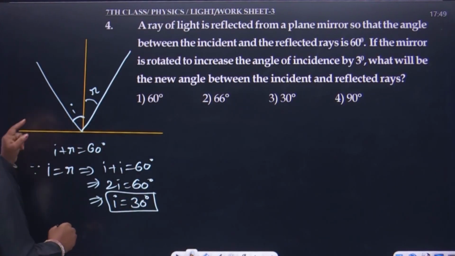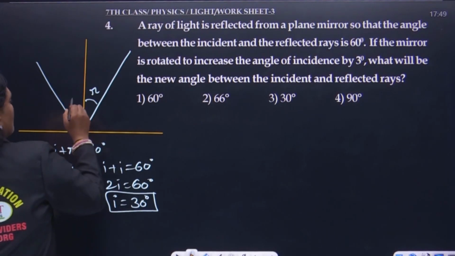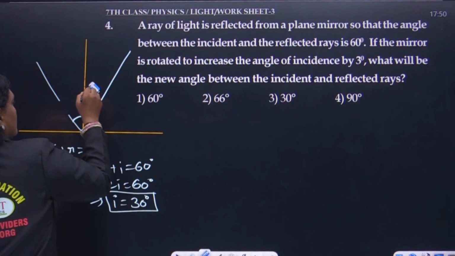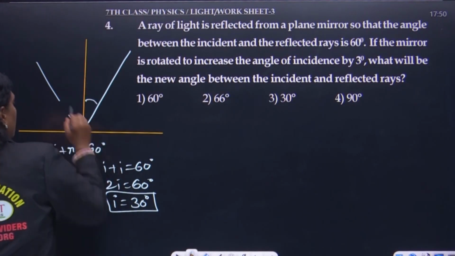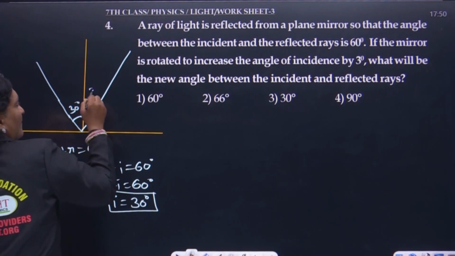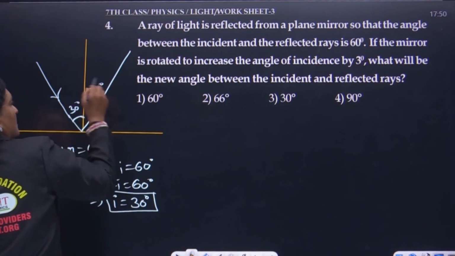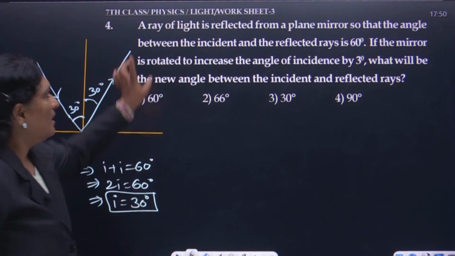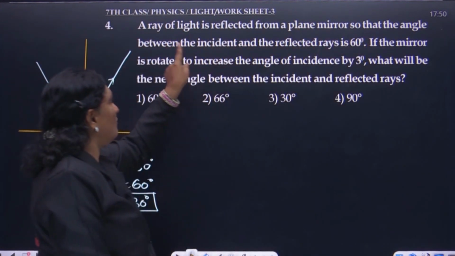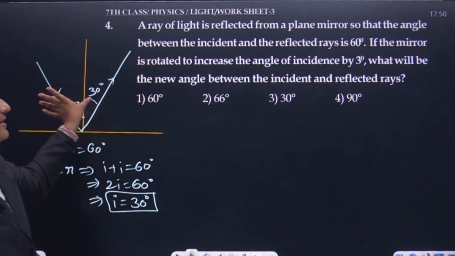So clearly the angle of incidence is 30 degrees. If the angle of incidence is 30 degrees, the angle of reflection must also be 30 degrees. That's it. A ray of light is reflected from a plane mirror so that the angle between the incident and reflected ray is 60 degrees.